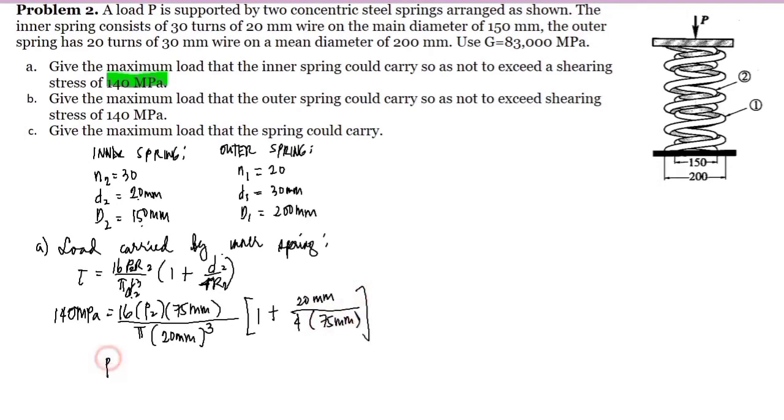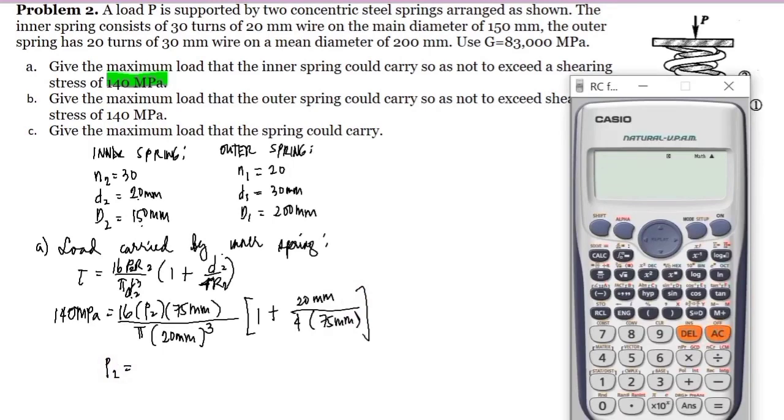And computing for the load carried by the inner spring, we have 140 is equal to 16 times the unknown load, times 75 over pi times 20 cubed, multiplied by 1 plus 20 over 4 times 75.